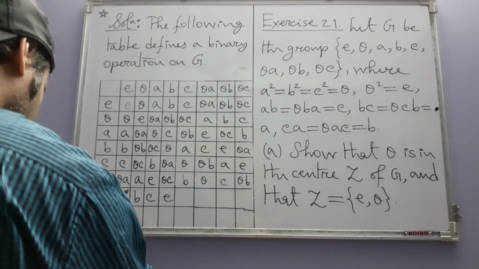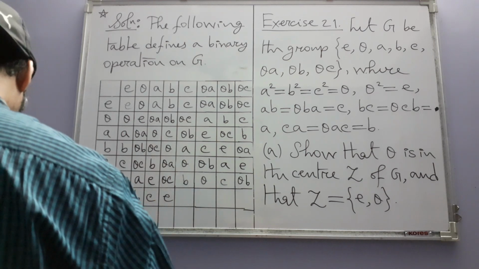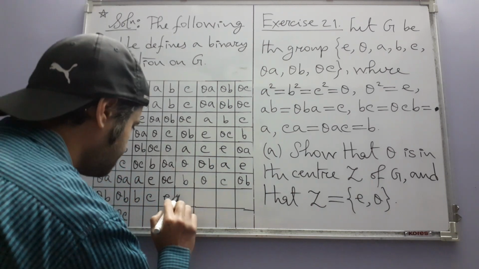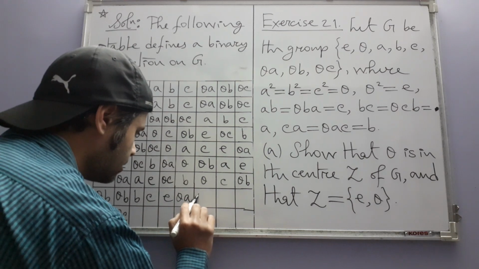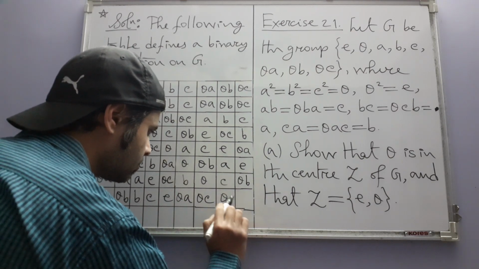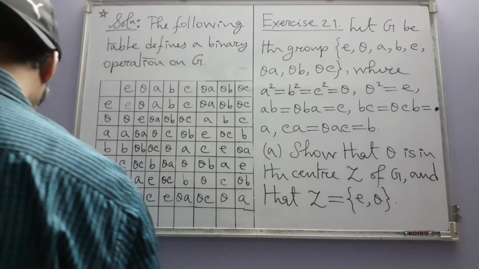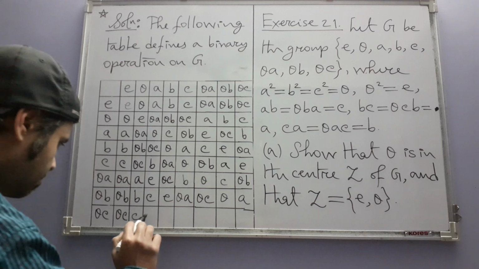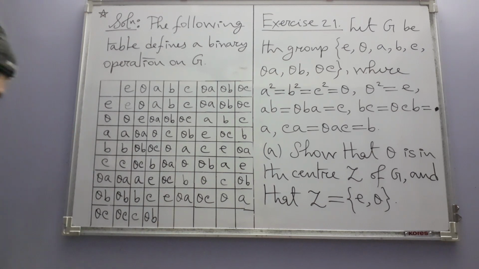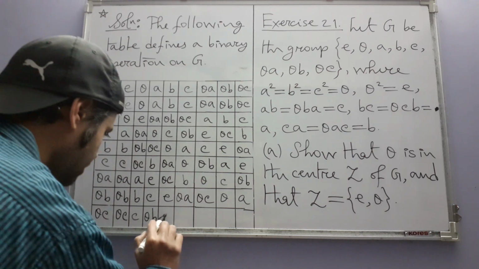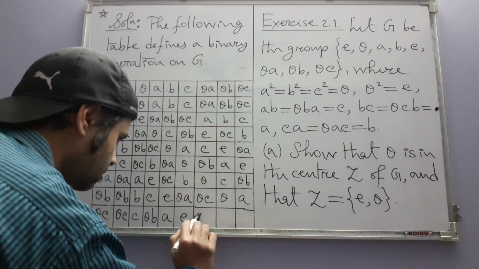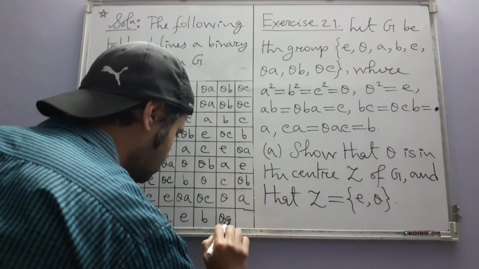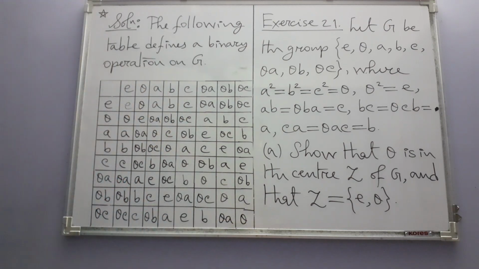Let me first write things down. Theta B, B, C, E, theta A, theta C, theta A. And finally the last one. C, theta B, A, E, B, theta A, theta.